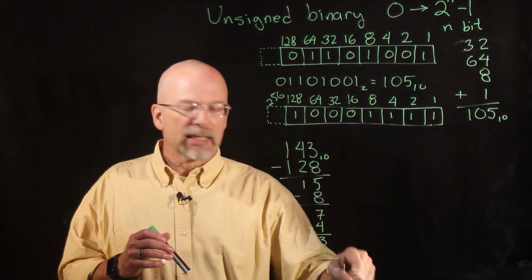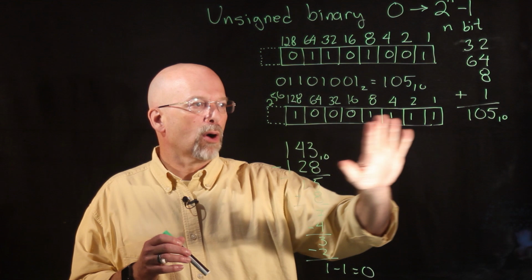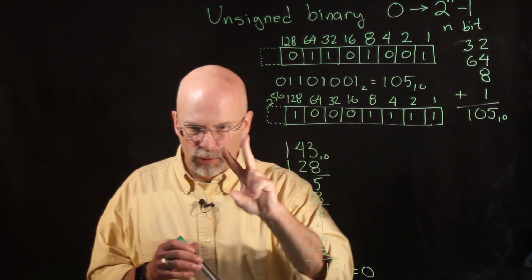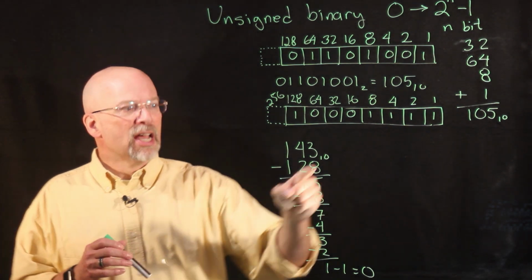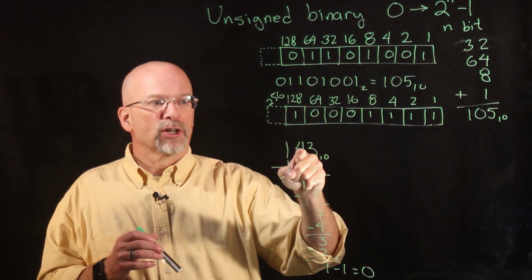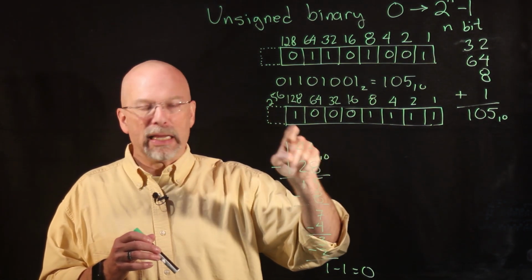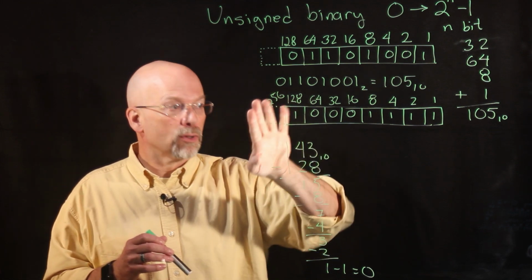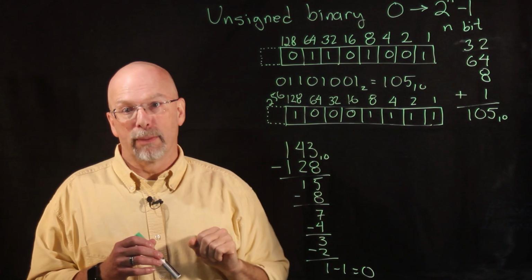If you get to this point, if you've gone through all of your bits, and you don't end up with 0, one of 2 things has happened. Either the first thing is you didn't do the check to make sure that the value we are trying to convert is less than or equal to the value that we can represent with a given number of bits.